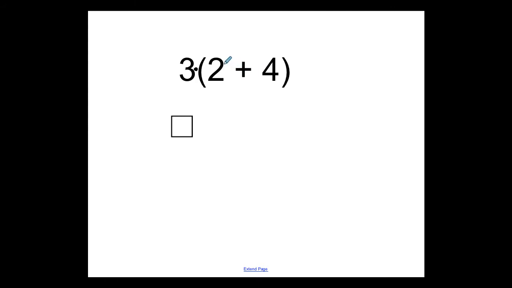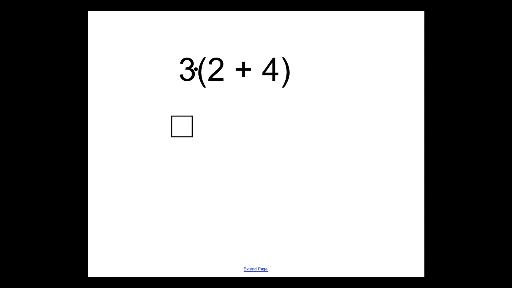So to start off, we want to talk about using some sort of model that's going to help us understand what the distributive property is all about. Because when we go further into mathematics and use the distributive property on fractions, we're going to use an area model, and we'll use it for whole numbers as well.